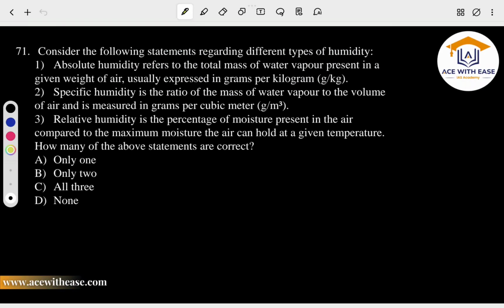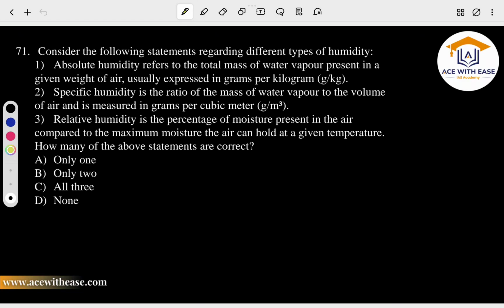71. Consider the following statements regarding different types of humidity. First statement, absolute humidity refers to the total mass of water vapor present in a given weight of air, usually expressed in grams per kilogram. The first statement is incorrect.